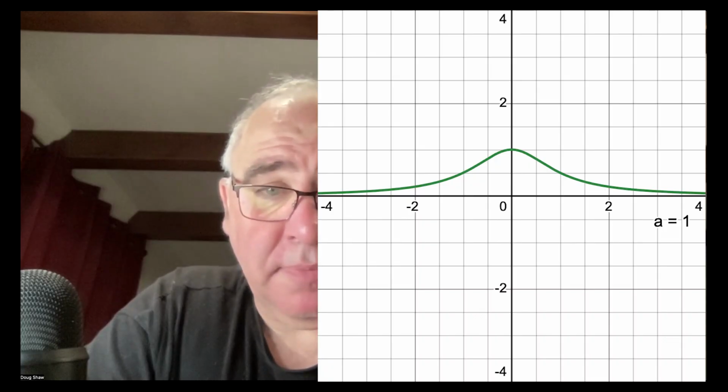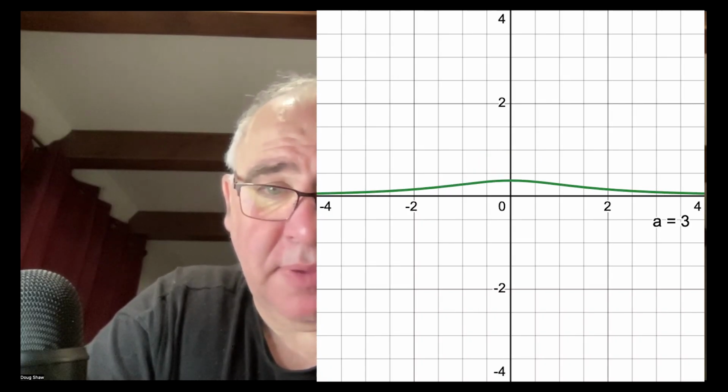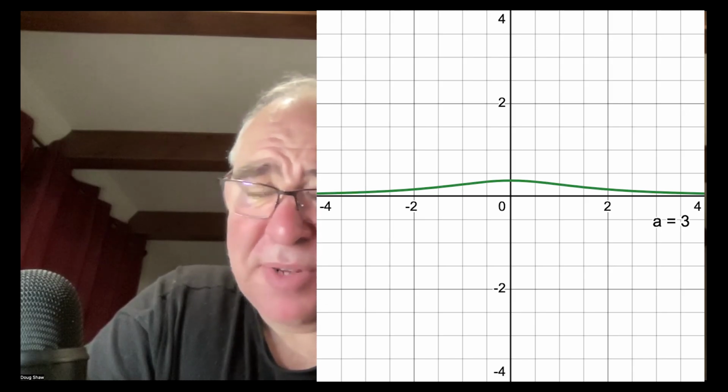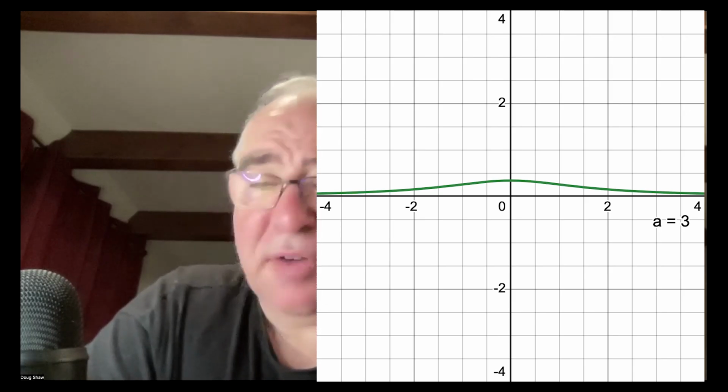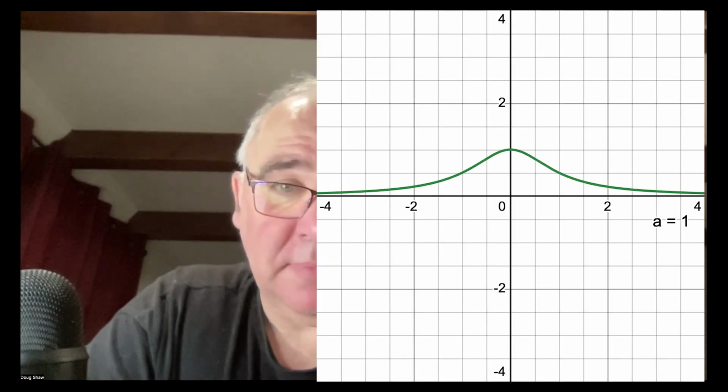So here's the curve for a equals 1, a equals 2, a equals 3. And it's getting kind of hard to tell what's going on, so I'm going to go back the other way. A equals 1/2. So what I see is that the larger the a, the lower the maximum and the flatter the graph.